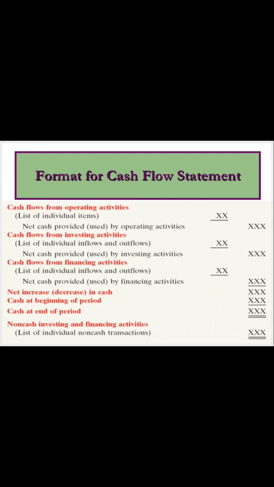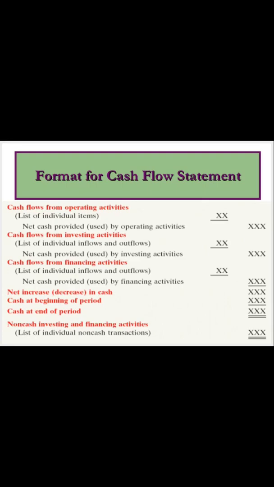After finding out the net cash provided by the operating activity, we have to write the cash flow from investing activity. Here we have to make the adjustments, we have to add or subtract regarding all the investing activities, like the investment we have made. That means if a business has purchased some shares or some debentures or bonds, or if any building has been purchased, any plant has been purchased, this is a kind of investment which a business used to do.